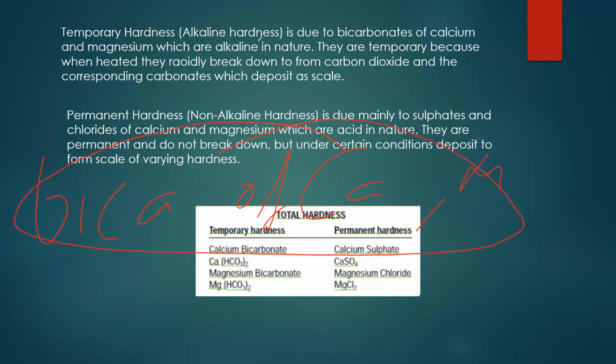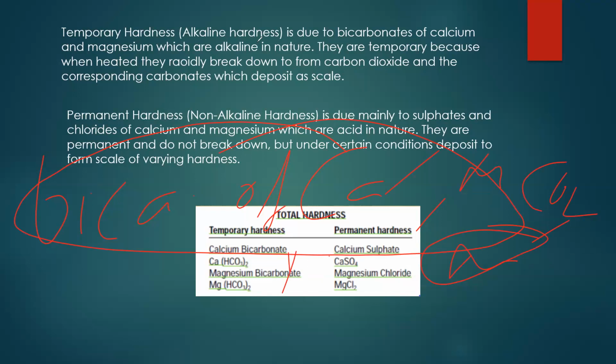They are temporary because when heated, they rapidly break down to form carbon dioxide. When you heat them, they will form CO2 and the corresponding carbonate, which deposits as a scale. And the remaining calcium and magnesium are going to remain as scale.